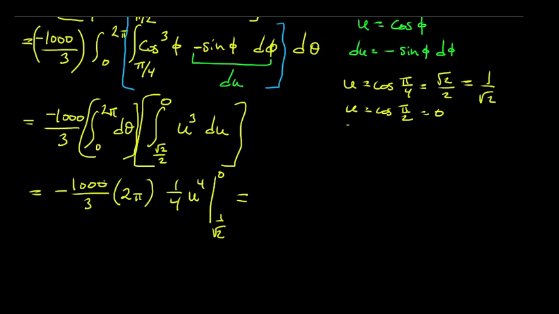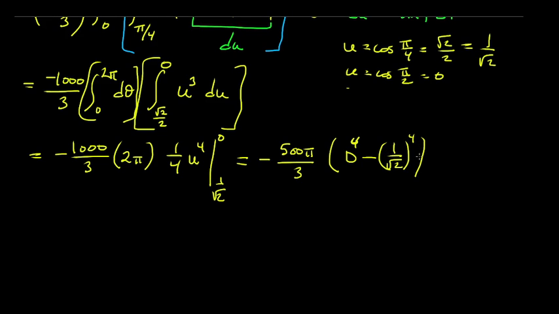So let's see what we have here. We have negative 1,000 times 2 pi divided by 3 times 4. That looks like negative 500 pi over 3. Right, 250 times 2, yep. And then 0 to the 4th, that's a 0, minus 1 over the square root of 2 to the 4th.